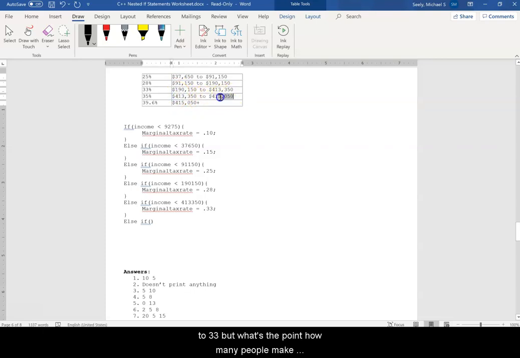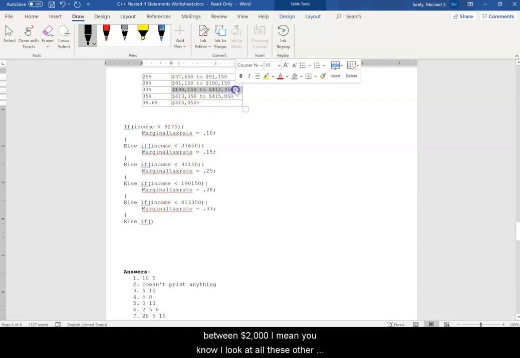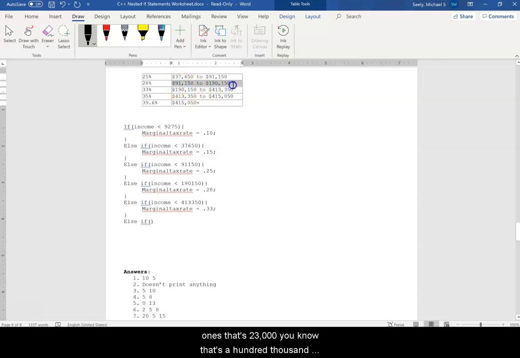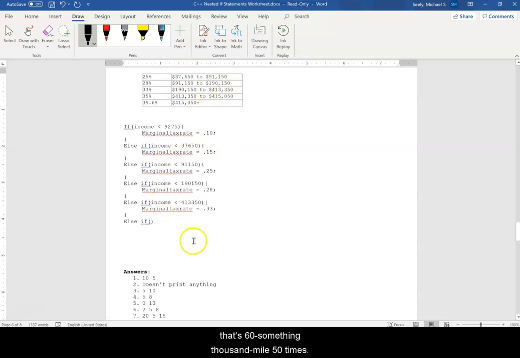How many people make exactly whatever that would be? Look at all these other ones. That's 23,000. That's 100,000. That's 60-some thousand or 50. You know what I'm saying?